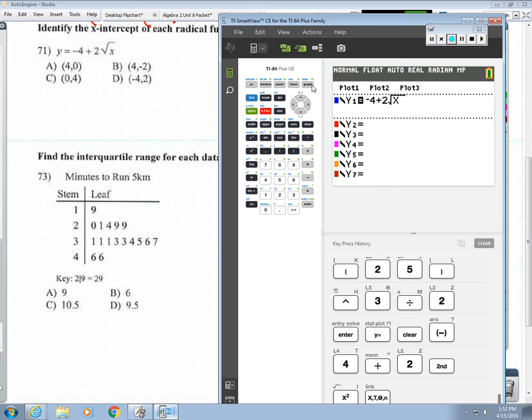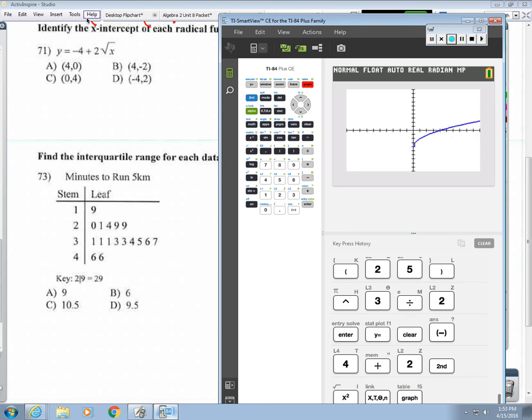Okay, but before we graph it, to be an x-intercept, it has to be on the x-axis, which means it didn't go up or down. So the y value of any x-intercept has to be 0. The only point up there with a y value of 0 is A. And yes, it's 4, 0.